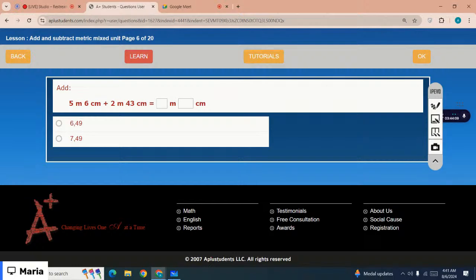5 meters 6 centimeters plus 2 meters 43 centimeters. Which is the correct option?